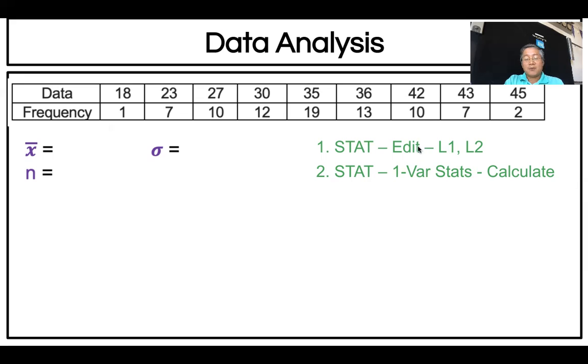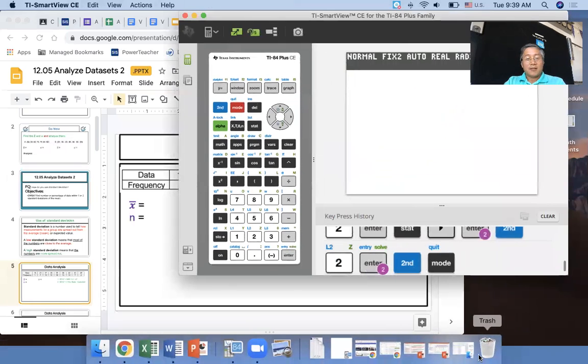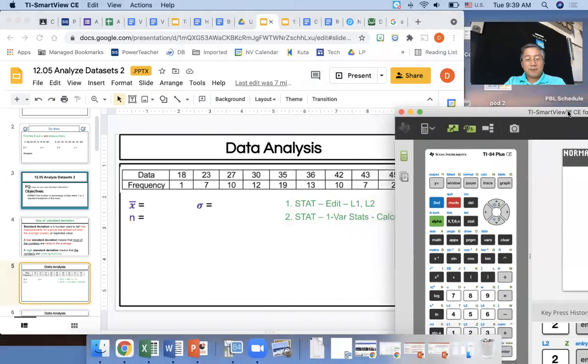Now this time, you should put the scores in L1 and the frequency in L2, right? And then go to stat again, one-variable stats, and then calculate. That's it. Now I think you can do it by yourself, but let's do it together. We'll go to the calculator and follow the steps.